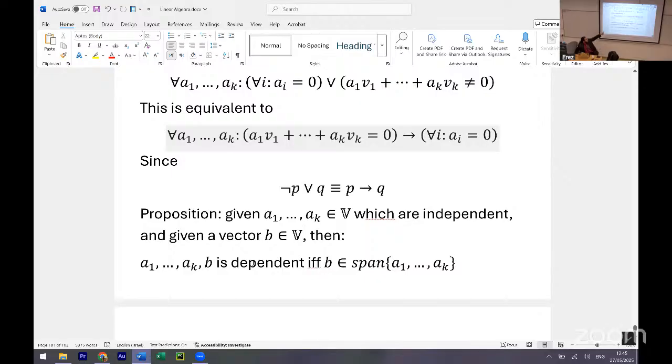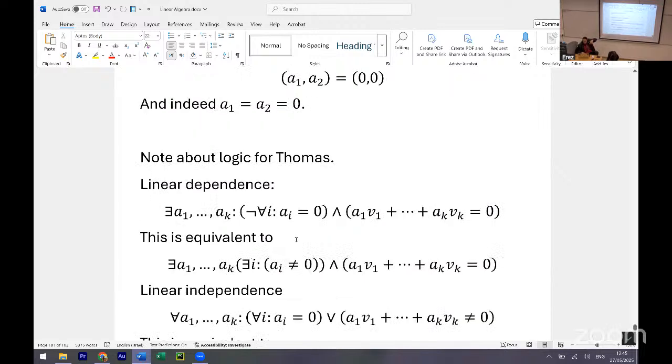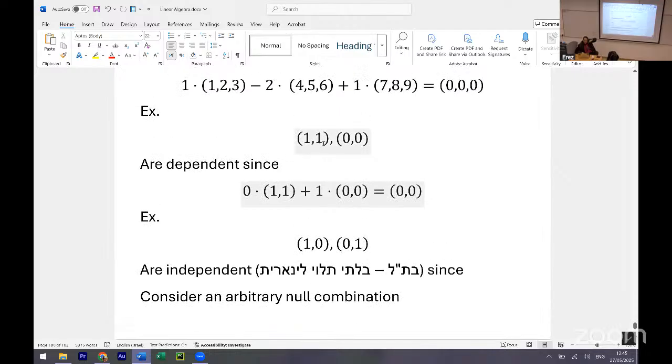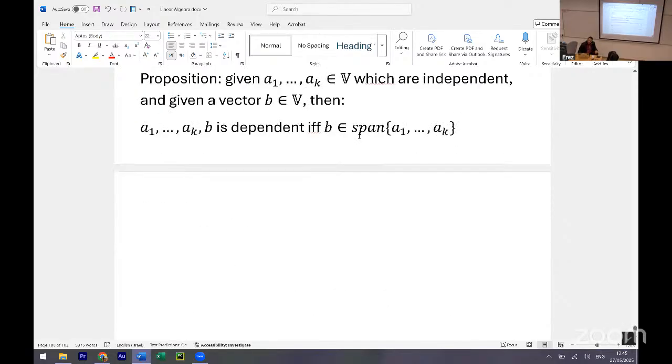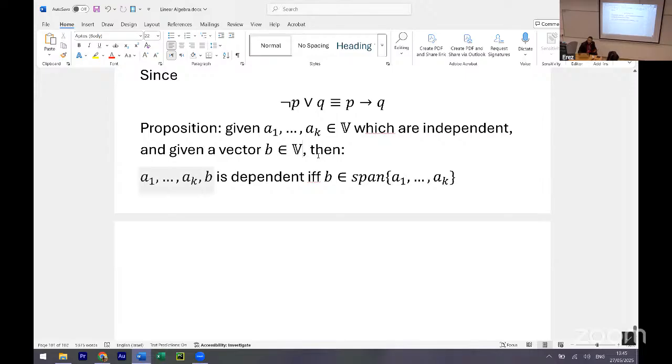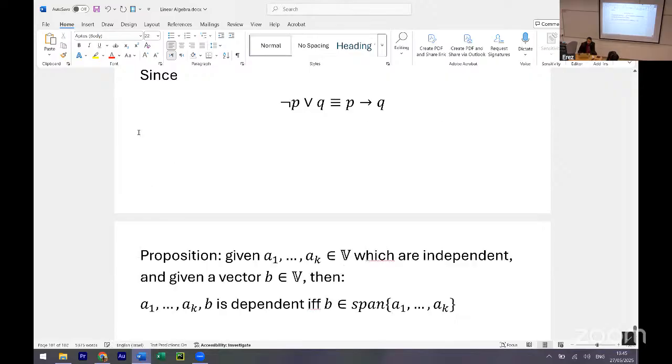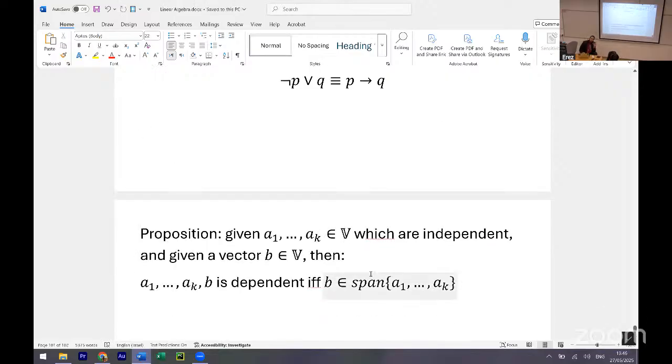In sets, a vector could not appear twice, and then I must have told you that it's not already there. But because I'm writing a sequence, the sequence 1, 1, and again 1, 1 is dependent. If you repeat a vector, then you obviously have linear dependence. So, because I'm saying sequences, I don't have to have this extra condition here.